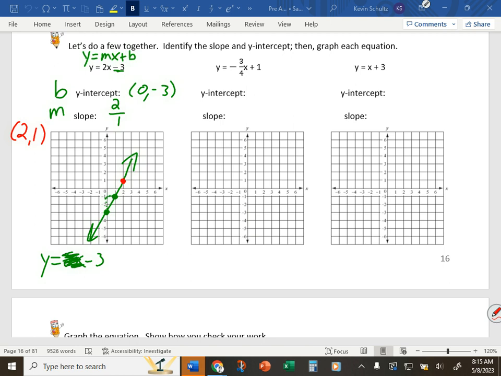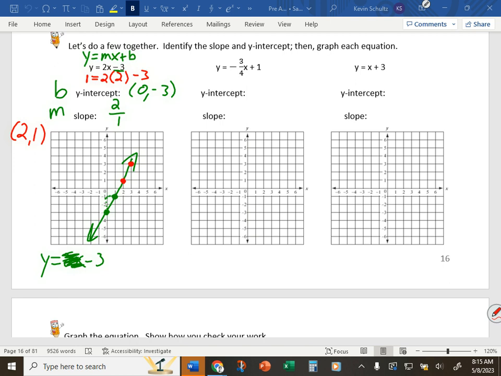So let's test it. Let's plug in 1 for y, our slope of 2, 2 for x, and then our minus 3. 2 times 2 is 4. 4 minus 3 equals 1. It works.